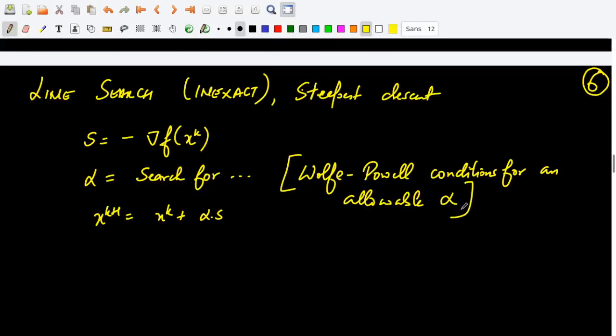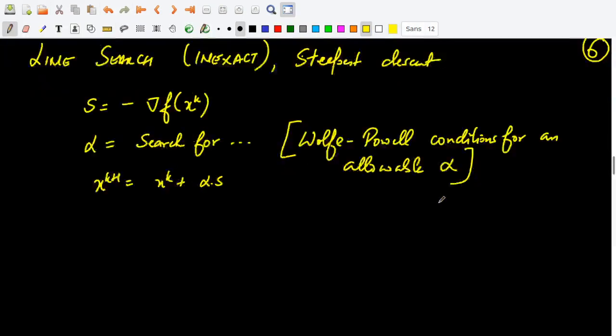So we said that if I'm able to, by hit and trial, find an alpha which satisfies the two conditions that we listed last time, then that is good enough, and we can move, and the method will still be globally convergent with linear rate of convergence.